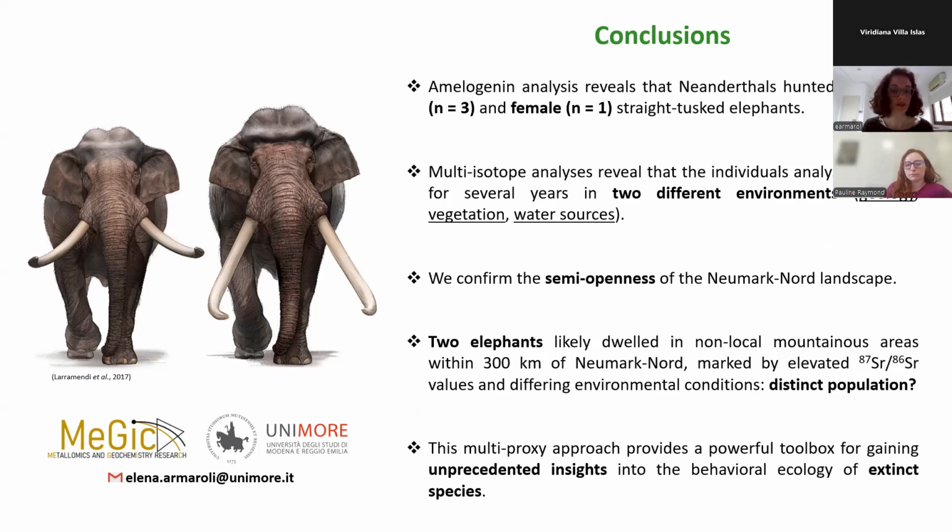We also confirmed that the landscape around Neumark was semi-open, and probably this site acted as a point of attraction for animal species, such as elephants, for example, but also other animals that were found at the site. And this probably made Neanderthals use this site almost continuously for more than 2,000 years.